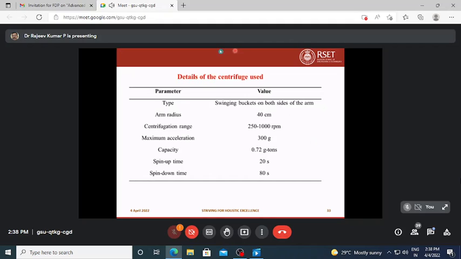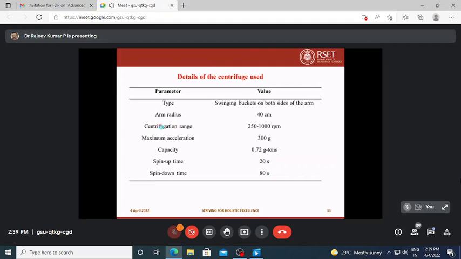These are the values related to the geotechnical centrifuge I used. You can see its arm radius is only 40 centimeters, and both sides have swinging buckets. Its spin-up time to stabilize takes 20 seconds, and when you switch off the centrifuge, it takes 80 seconds to come to the stationary state.